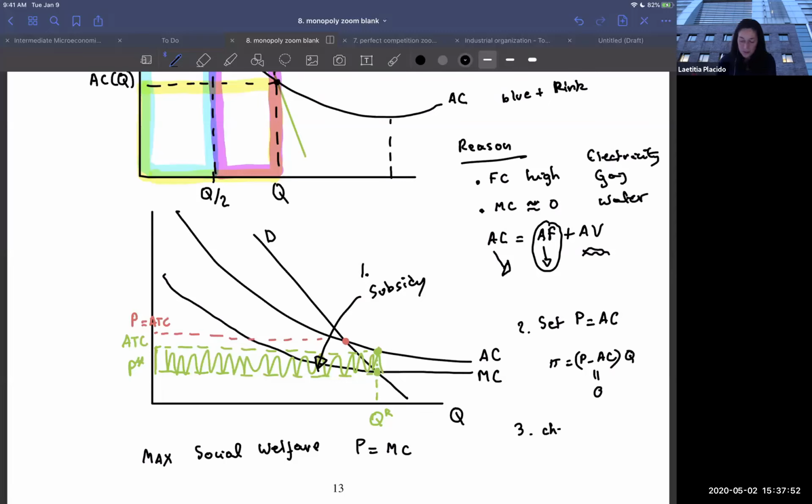So basically, charge the monopolist price to high value customers, and charge price equals marginal cost to the low value customers.